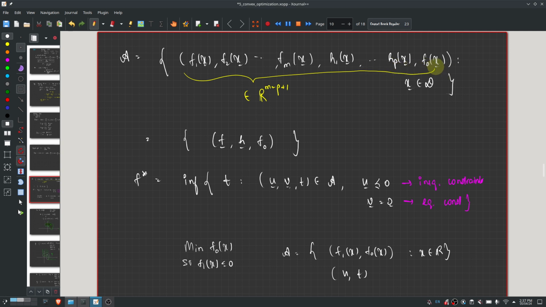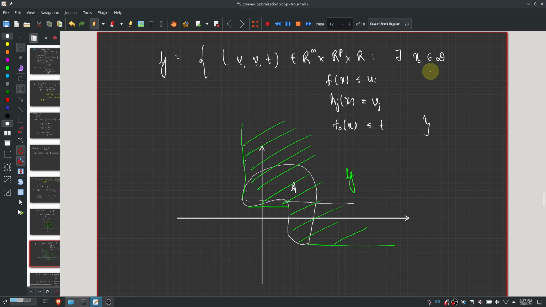For every single x, you get one such vector, and you list all possible such vectors, and that gives you this particular set A. But the epigraph form of this is what I called G. It's the set of all vectors u, v, t, such that fi of x is less than or equal to ui, hj of x is equal to vj, and f0 of x is less than or equal to t.